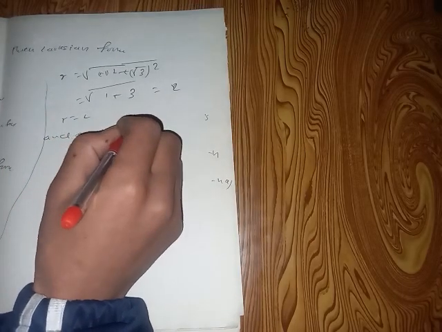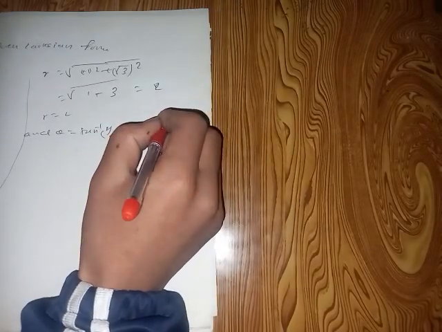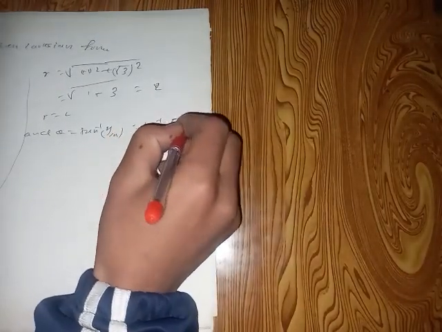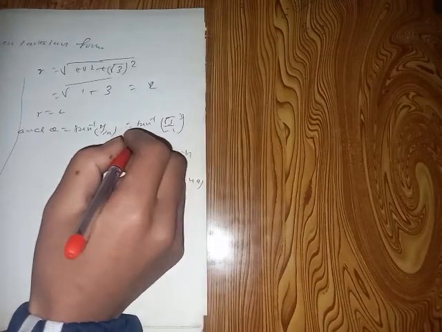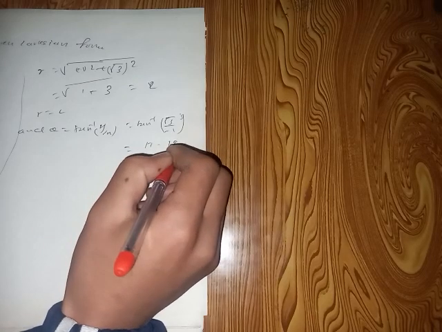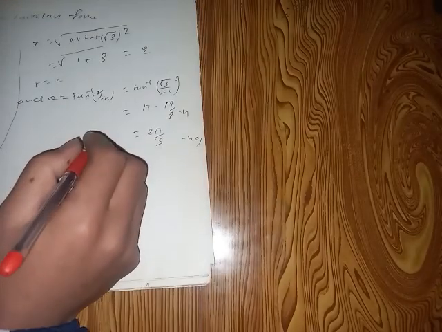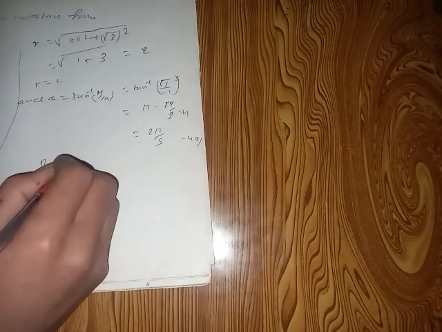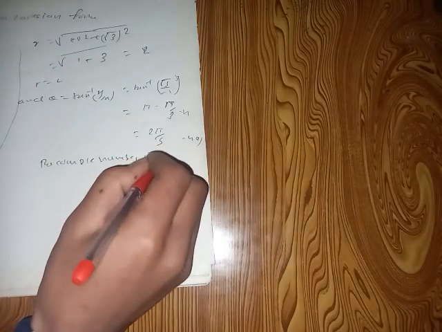For question B, at first the solution: z is equal to minus 1 plus root 3 i, compared with x plus iy. Then x is equal to minus 1 and y is equal to root 3.